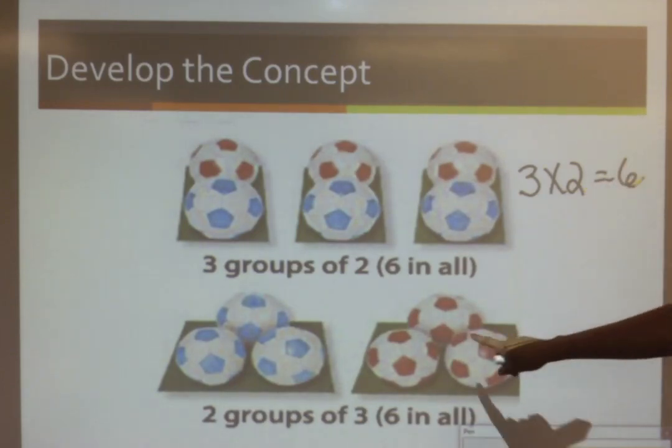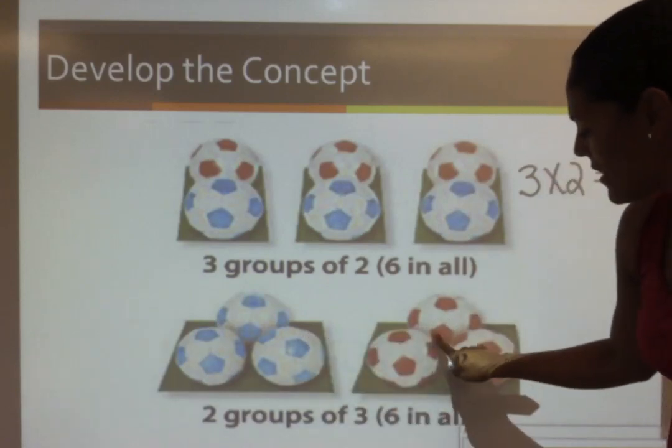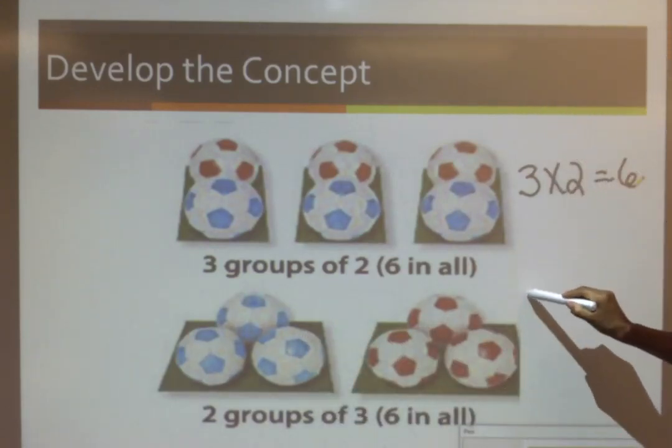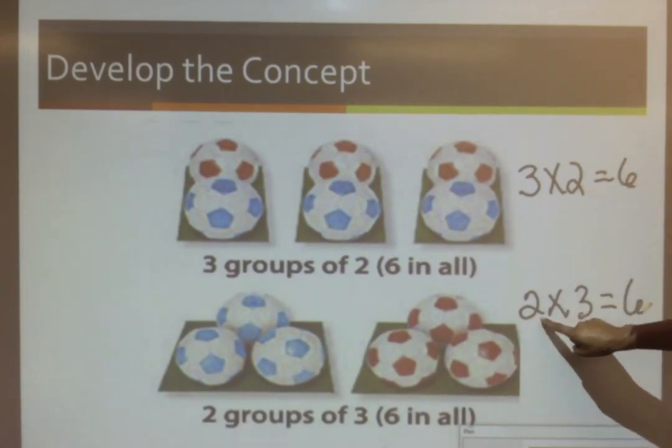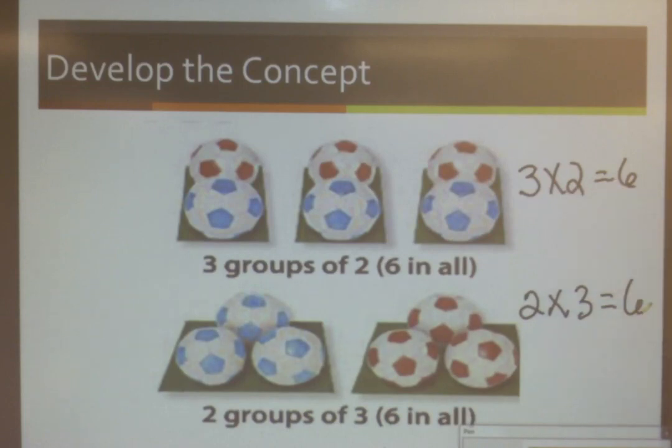Now, in the next picture, you'll see that instead I have 2 groups. 2 groups of 3 is 6. Now, I've represented the product of 6 using 2 different multiplication sentences.